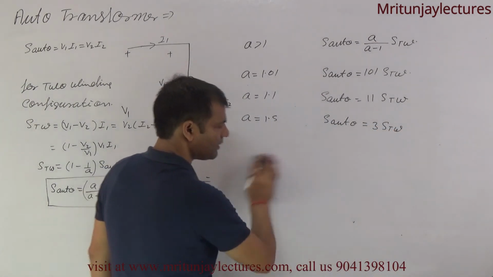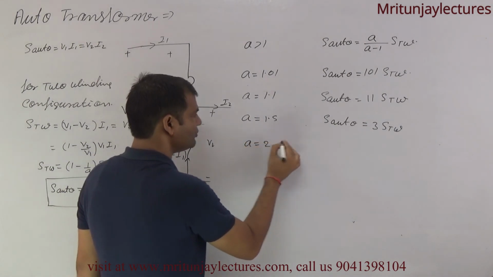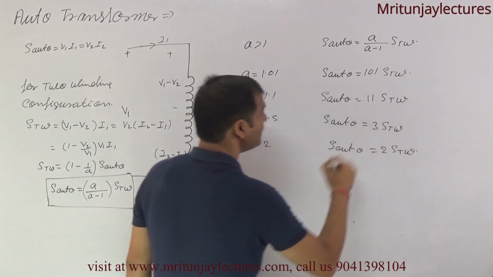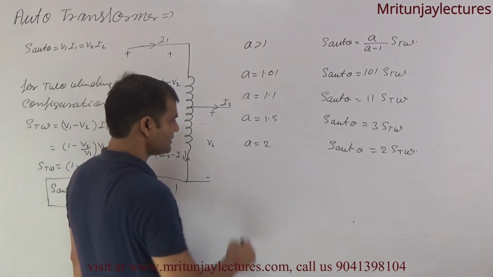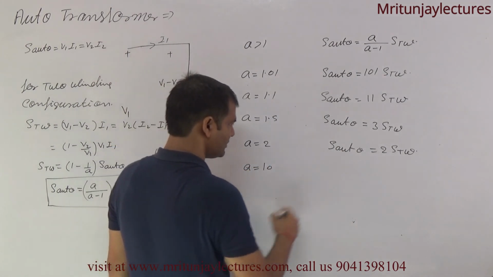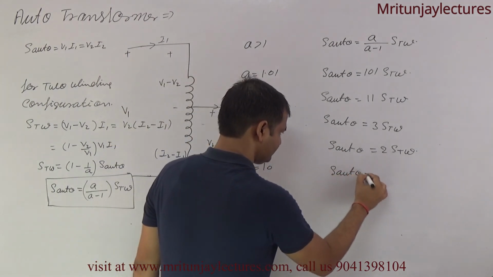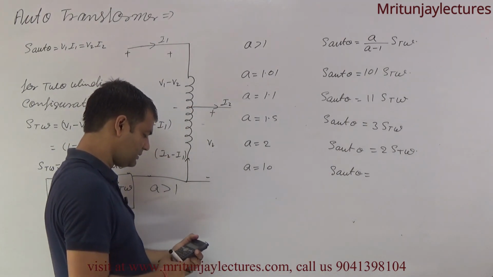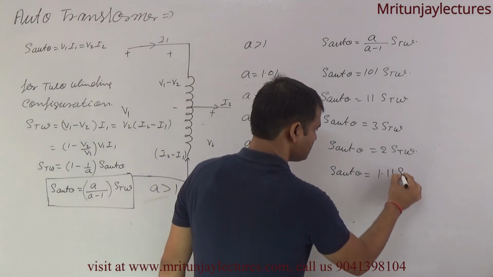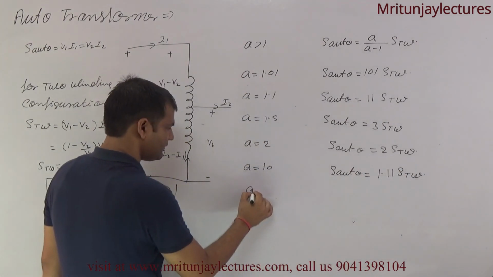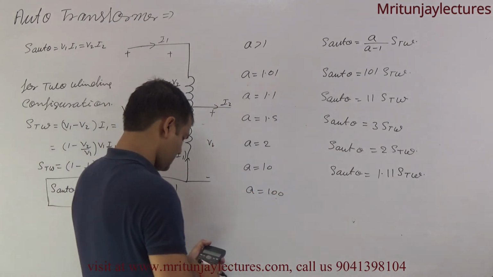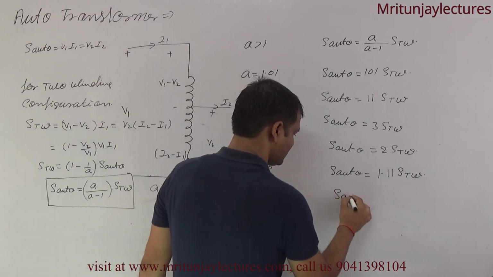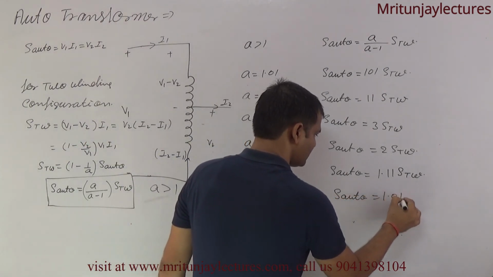If A is equal to 2, S auto is 2 divided by 2 minus 1, that is 2 times. And if A is 10 by 9, that is 1.11, and if A is 100 divided by 99, that is 1.01.